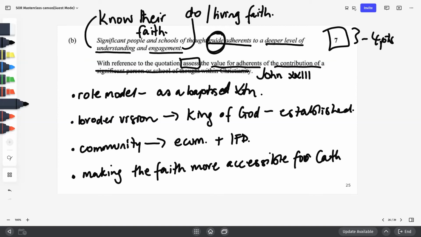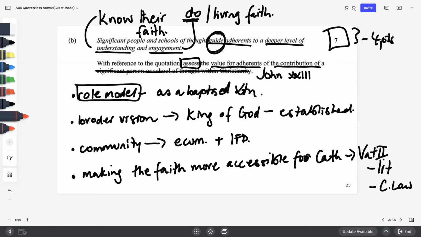And that, of course, is in terms of Vatican II and some of the changes that he made in terms of liturgy and in terms of canonical law as well. So how is he guiding adherents? He's guiding adherents to do their faith by following his example.